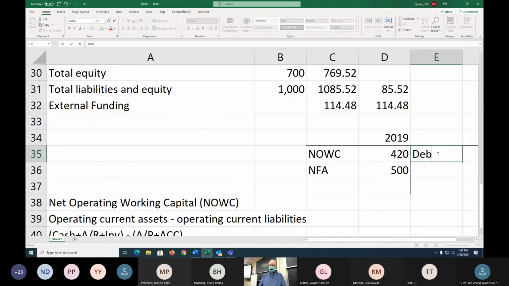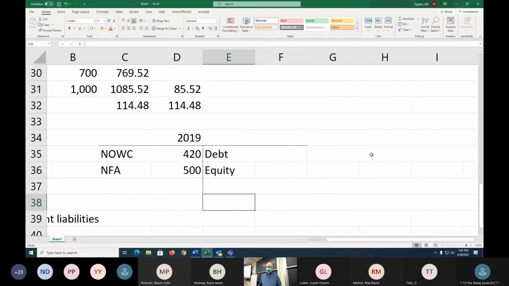The other side has but two items in it. One is debt, and the other is equity. I've never done a company that had preferred stock, but I believe you'd have to include that as a separate item. So debt and equity. Okay, so debt.